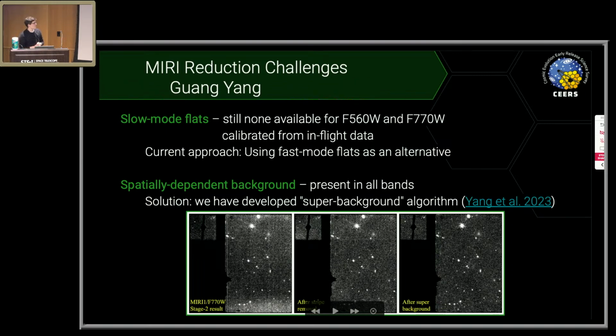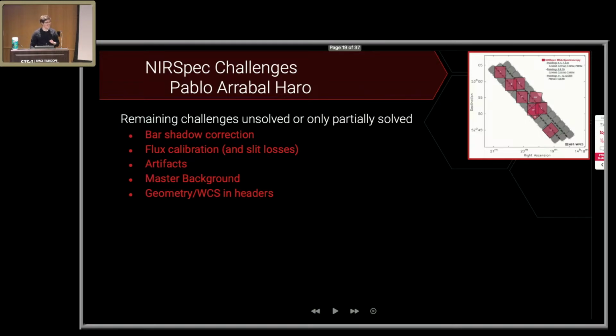They also have found a spatially dependent background that's present in all bands, and Guang discusses this in his paper. The way that they address this is Guang has developed a super background algorithm that, for a given pointing, uses all the dithers in that pointing to create a master background and subtract that off. So look for his paper for more information, because I'm not the expert.